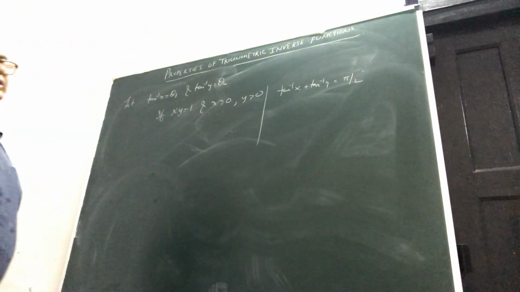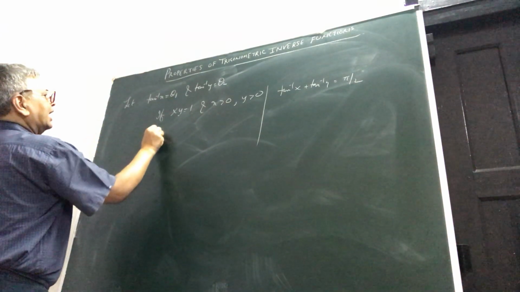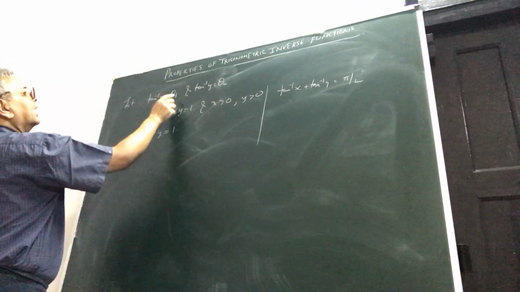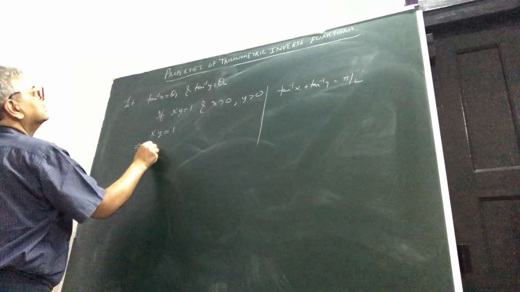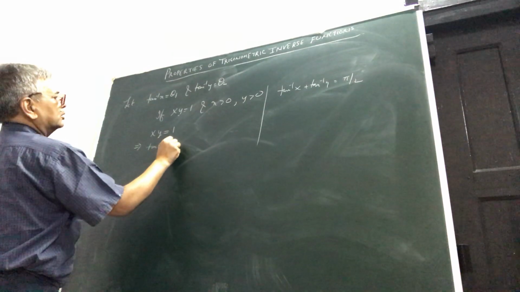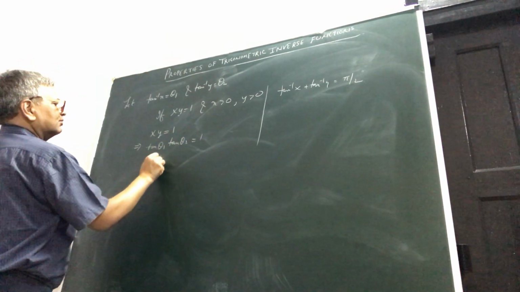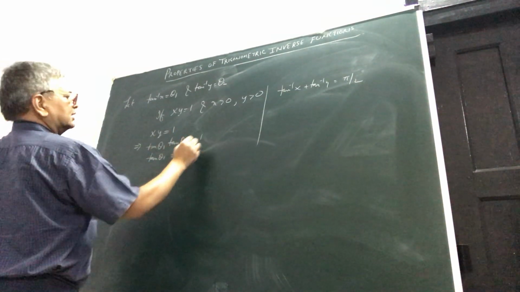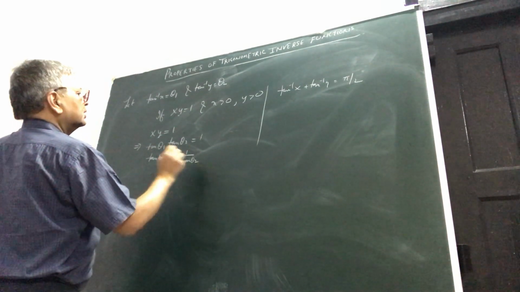How to prove this result? Let us see. xy is equal to 1. What does this imply? This implies tangent theta 1 into tangent theta 2 is equal to 1. So tangent theta 1 is equal to 1 upon tangent theta 2.